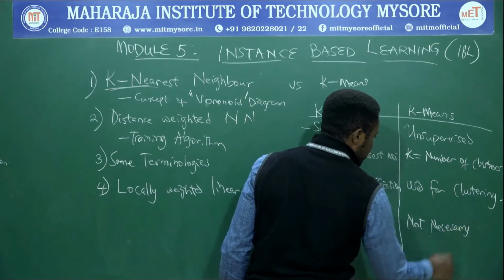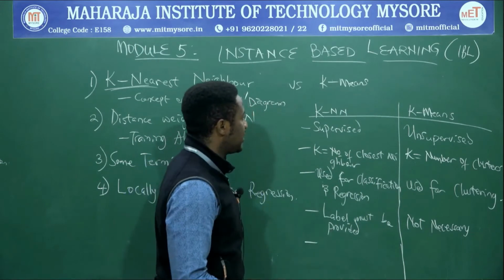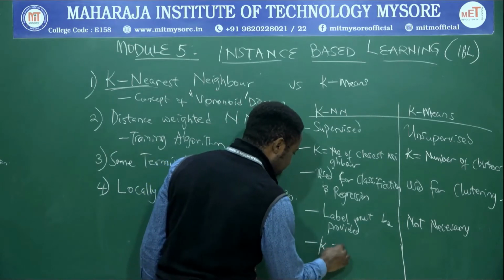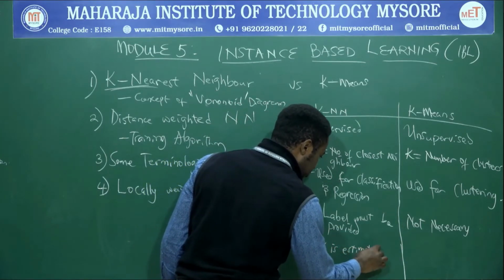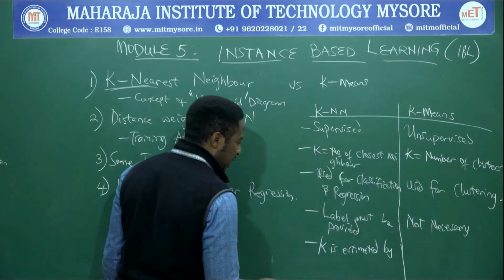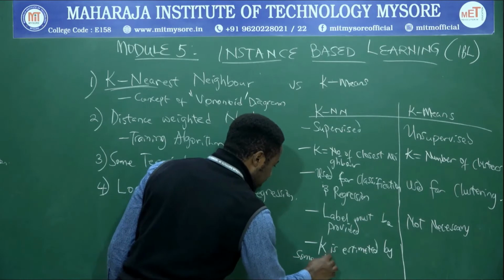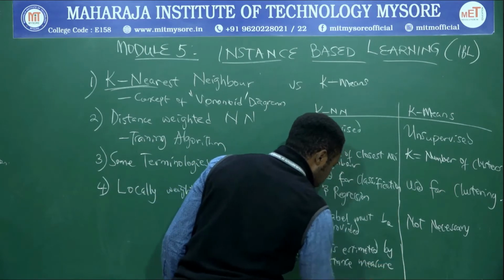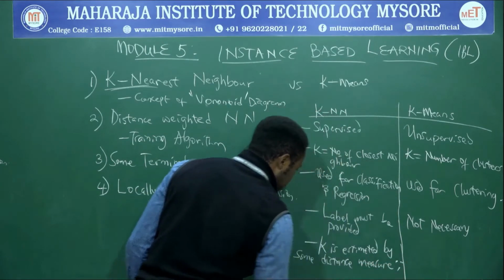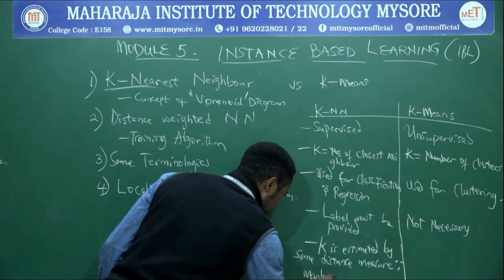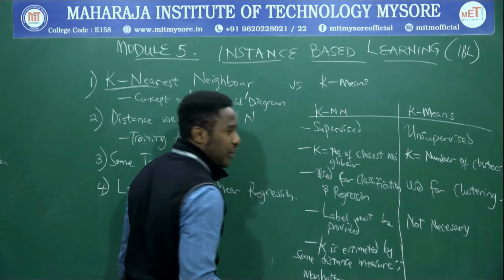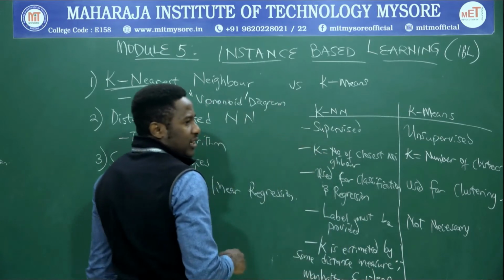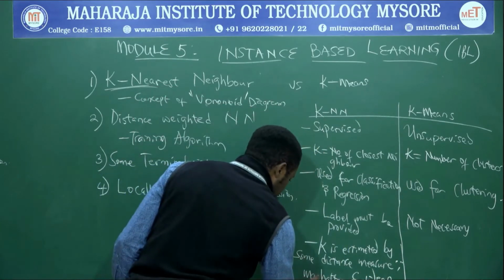Now, in terms of estimating K, the number K is estimated by using some distance measure, such as Manhattan, and your famous Euclidean, and another one which you call Minkowski.